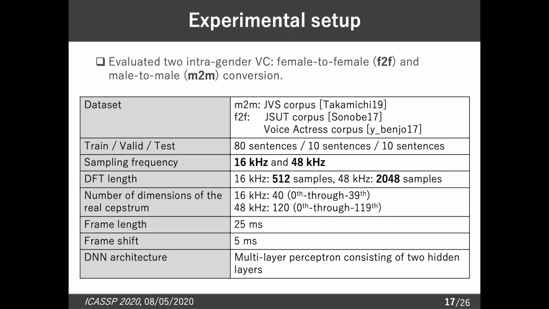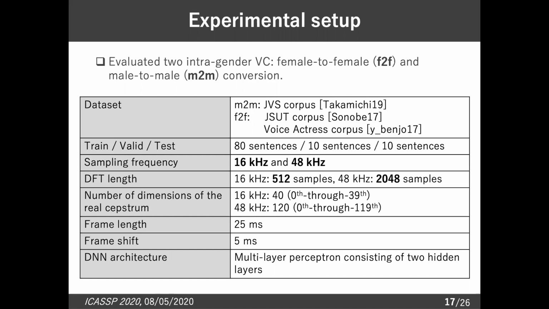Here, let me show the results of experimental evaluations. Here is the experimental setup. We built two intragender VC systems, for female to female or F to F, and male to male or M to M conversion. The source and target speakers in F to F conversion were stored in the JSUT corpus and the Voice Actress corpus, respectively.